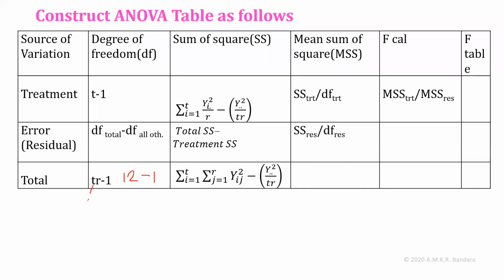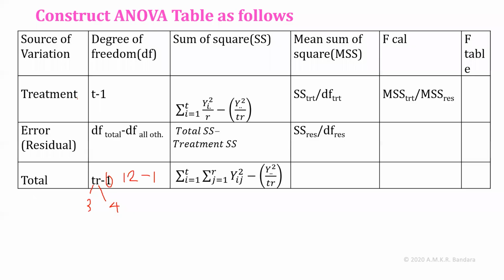Here we had 3 treatments and 4 replicates. So 3 into 4 is 12, minus 1. This is the total degrees of freedom.